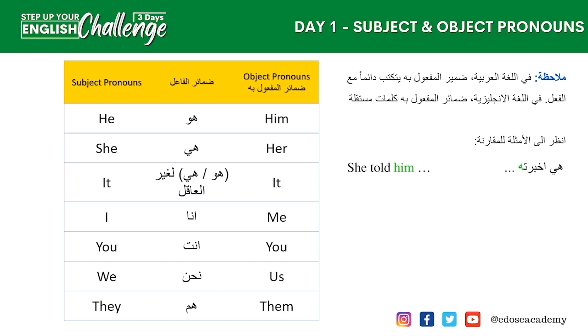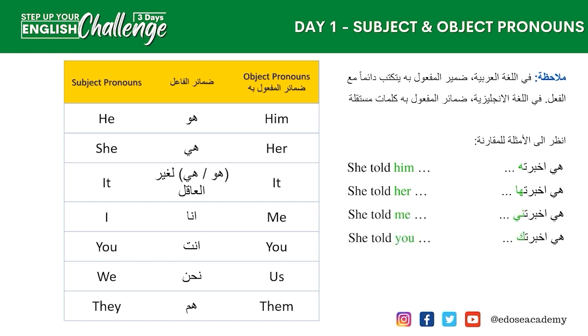The ha here is the object pronoun. She told her. She told me. She told you. She told us. And she told them.